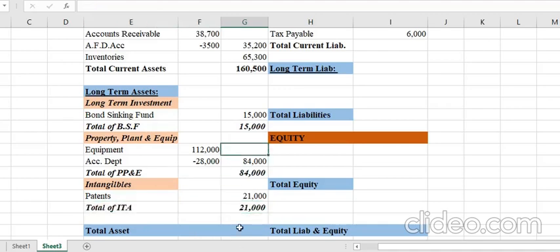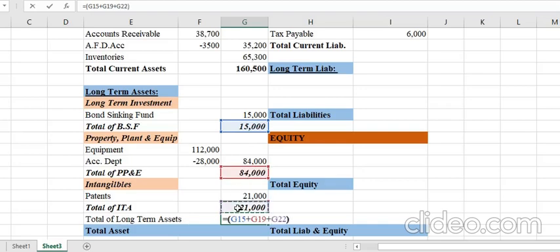Now, what are total assets? Total assets is the total of current assets and the total of long-term assets. So let's calculate the total of long-term assets here. The total of the long-term assets is the total of the long-term investment, plus the total of the property, plant and equipment, plus the total of the intangible assets.